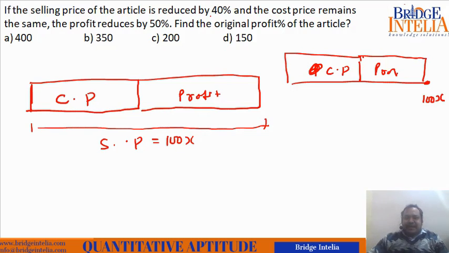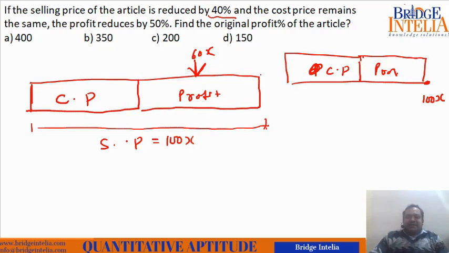Now if this selling price is reduced by 40%, so if 100% is reduced by 40%, it becomes 60%, and it is noticed that the profit is half. That means this mark is 60x.